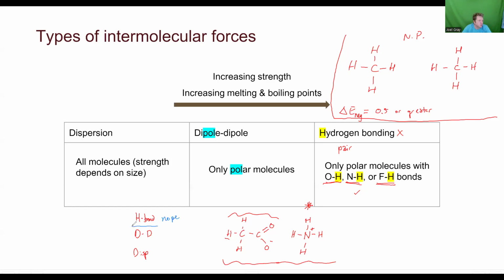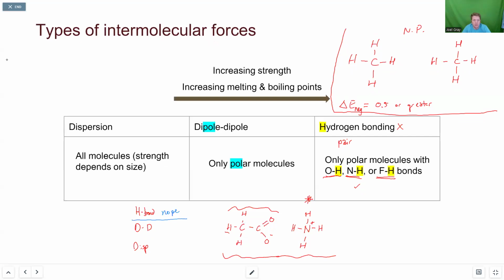Next up, I've got dipole-dipole interactions. Here what I'm going to have is polar molecules. It's kind of interesting, because what I was just talking about a moment ago was basically that if it's symmetrical, it's a nonpolar molecule. But another thing that we want to look for when we talk about dipole molecules is charges.